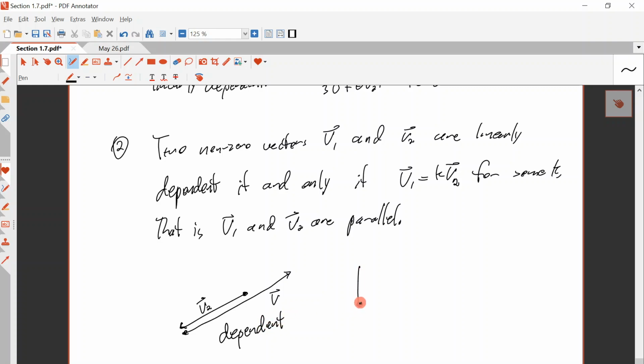And then if you had them not parallel, v1, v2, these are independent. Okay, so two vectors are linearly independent if and only if they're not parallel, or linearly dependent if and only if they're parallel. Okay, all right, that's the lecture for this section.